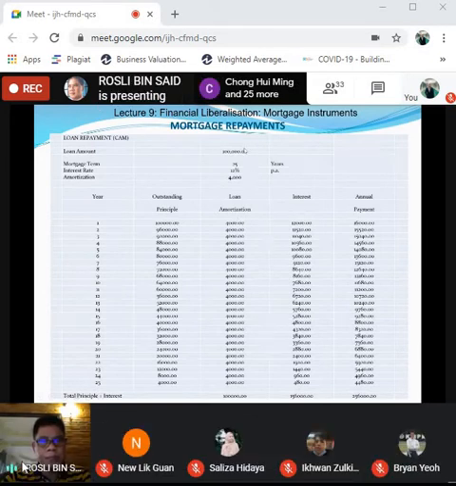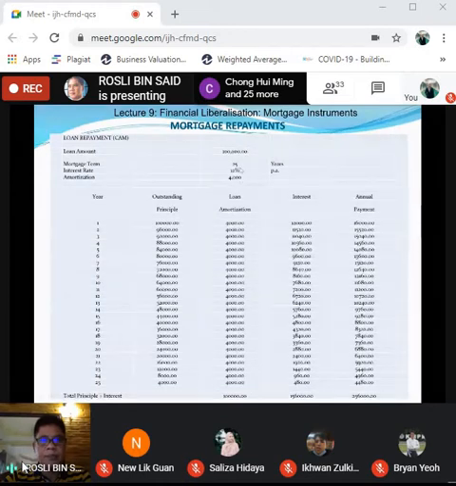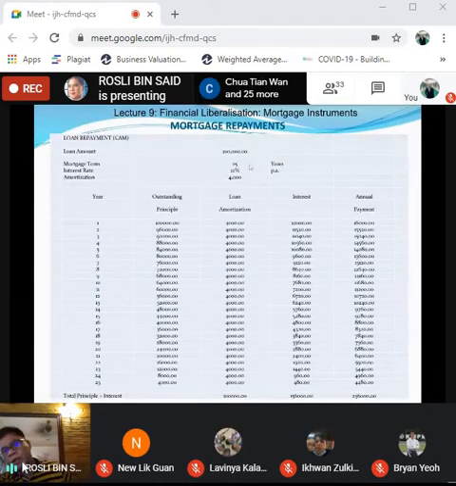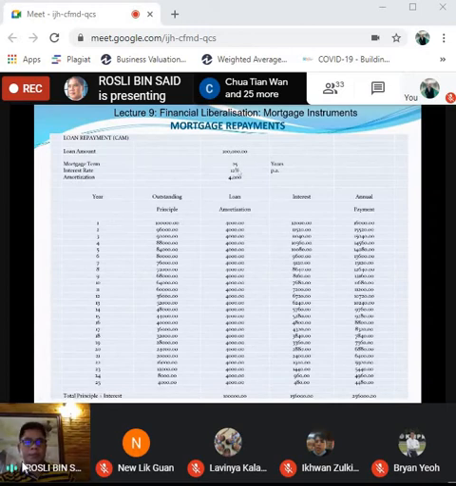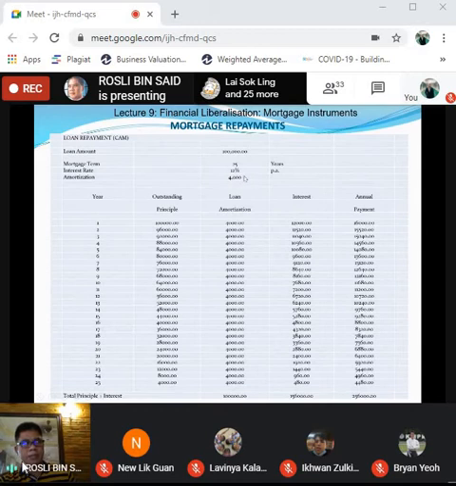We use the same figures here, 25 years for the mortgage period, and 12% for the interest rate. So basically 100,000 divided by 25 years, the amortization per year will be 4,000 ringgit. This 4,000 ringgit will be constant. It won't change for the next 25 years.